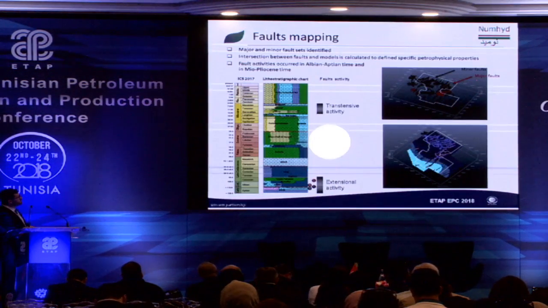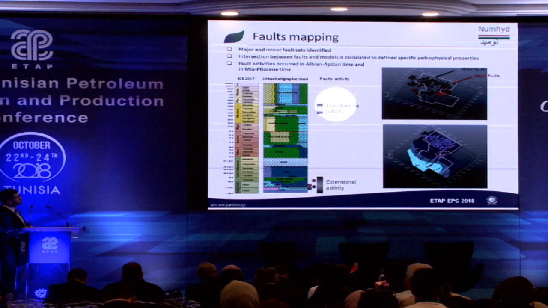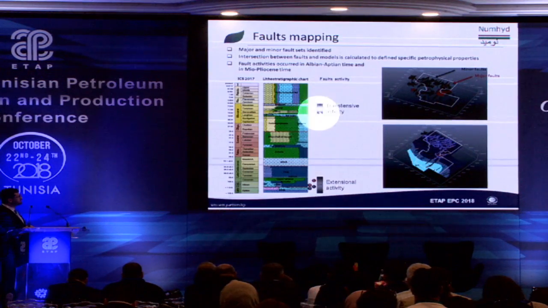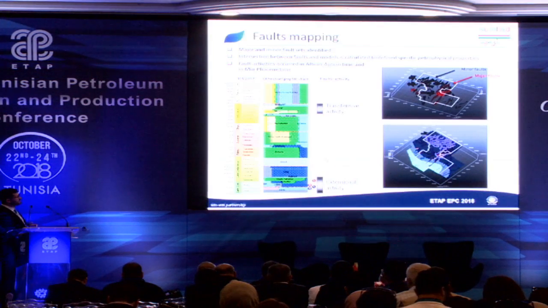And we have a last phase with major motion, which is a Miocene period, where we can see very important motion along faults. But between these two periods, the activity of faults is not really important, or at least not detectable on the permit.